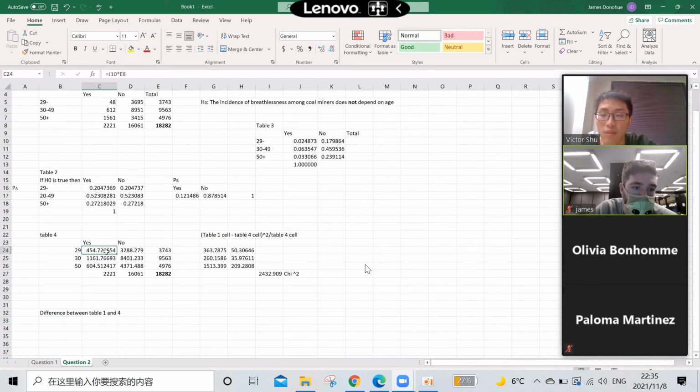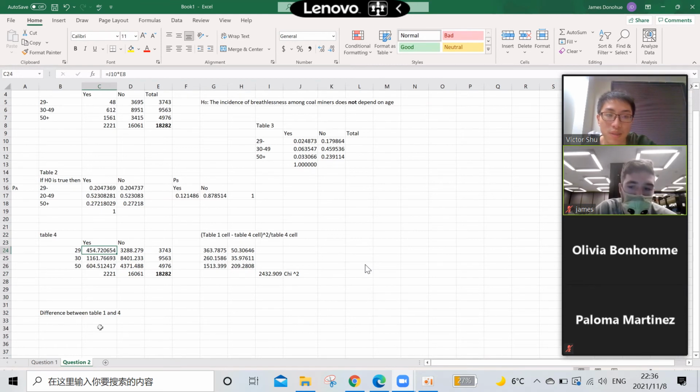For example, in the first data, the under 29 years group, our expected value is much higher than the observed value. Under the hypothesis of independence, I expect 454 people under 29 years old to have the problem of breathlessness.